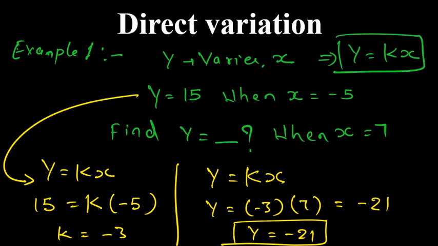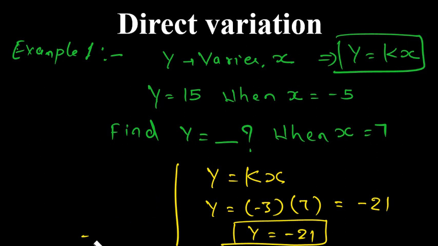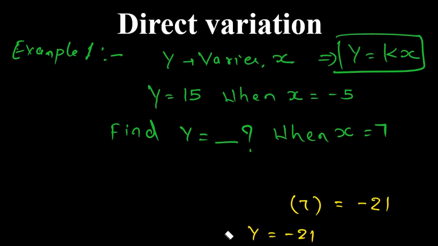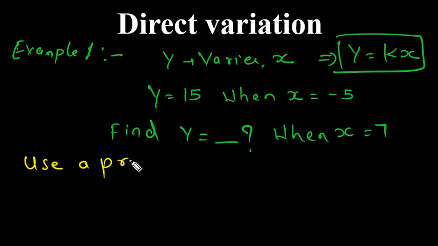Now if you want to try method 2 in this question, then how will you solve this? Since the constant of variation will be the same in both cases, use a proportion.